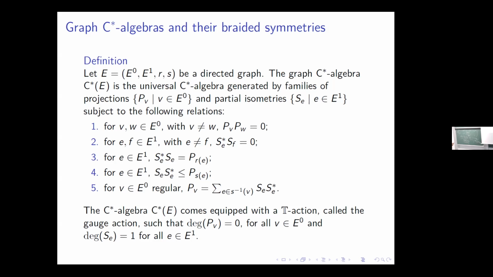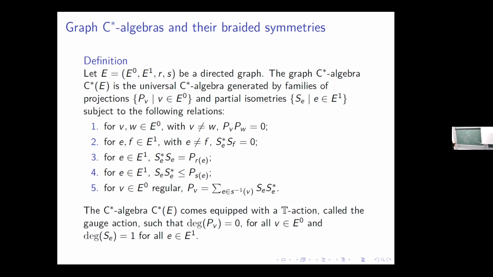If I do the same thing in reverse order, I get a projection, but I demand that it should be smaller than the projection indexed by the source of e. A vertex v is called regular if the set of all edges that start from v is finite and non-empty.